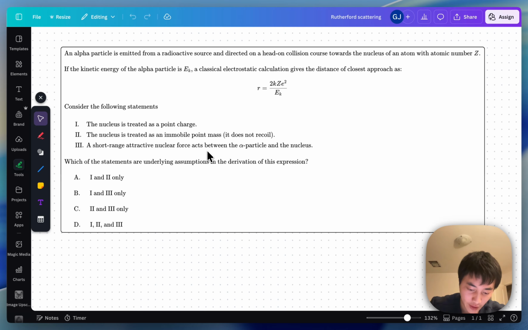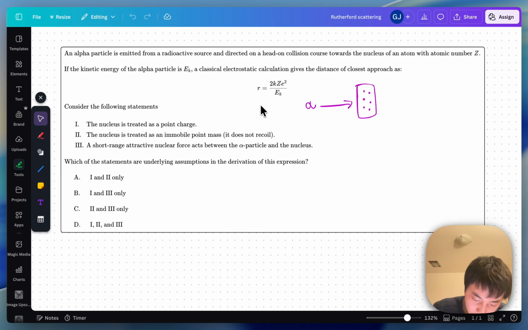I think it's helpful, not only for you guys but for me as well, to just remember how to get this classical equation or calculation. So essentially, an alpha particle is directed towards some gold or whatever foil that's relatively heavy, made out of atoms, so there are nuclei.